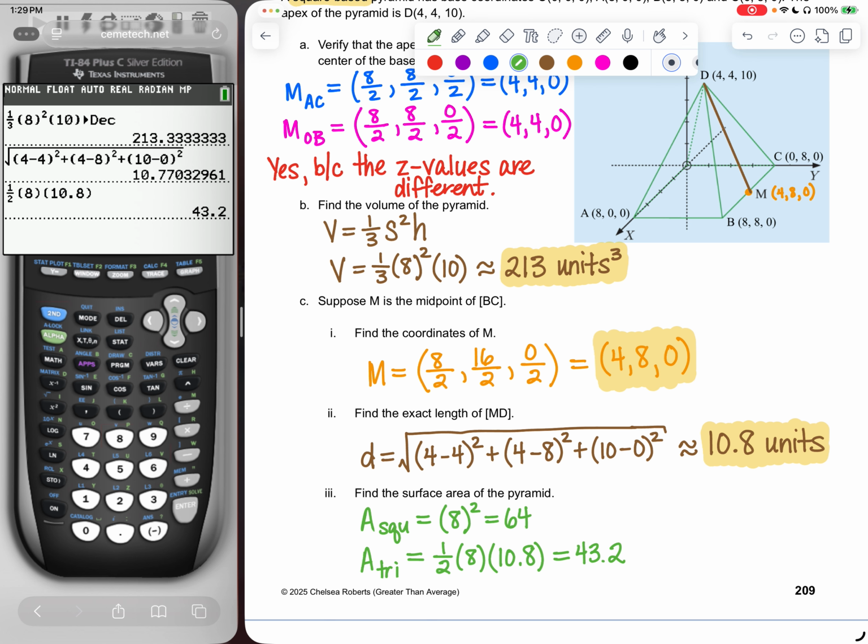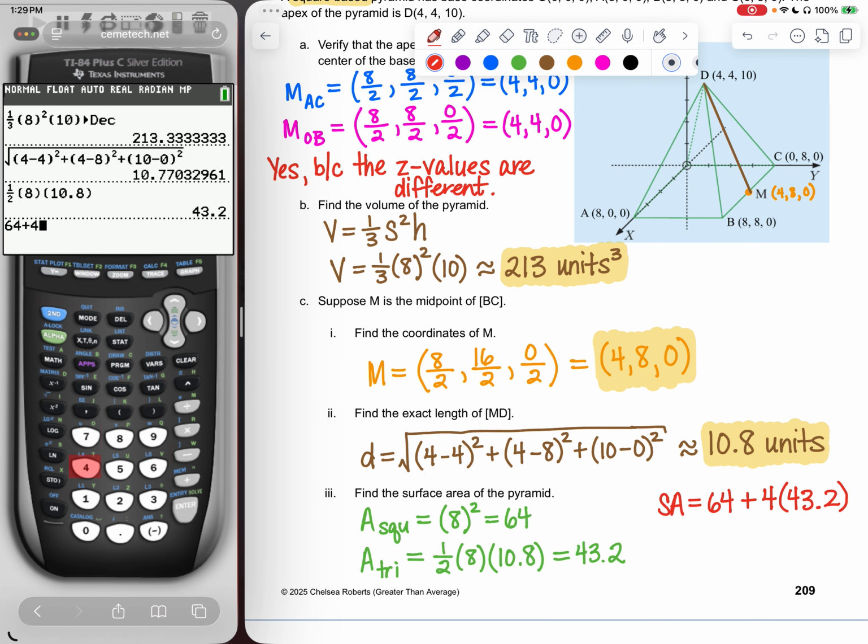And we know that that's units squared. So now in order to find the surface area, we have to add the area of the square, which is the 64, and then we have to add 43.2 four times, or just do 4 times 43.2, because that is the area for that triangle, and we have 4 of them.